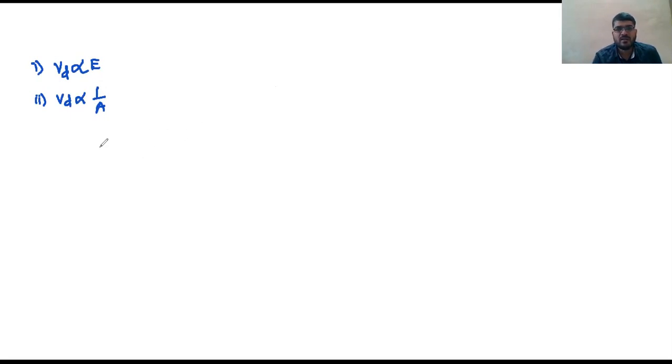Next, one new concept is current density. So let's see what this current density is. It is denoted by J bar. It is also a vector quantity. So what is this current density?